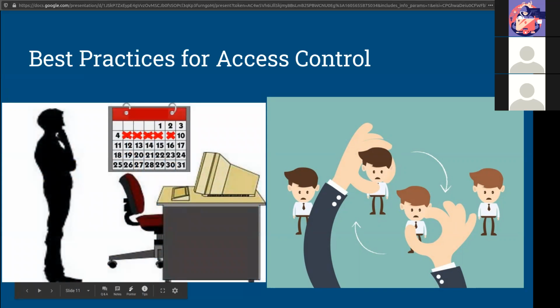An interesting best practice is a mandatory vacation. Forcing someone to take a vacation and during that time, reset all the passwords, lock that person out because they're on vacation, right? They shouldn't be working. That's the whole definition of vacation.